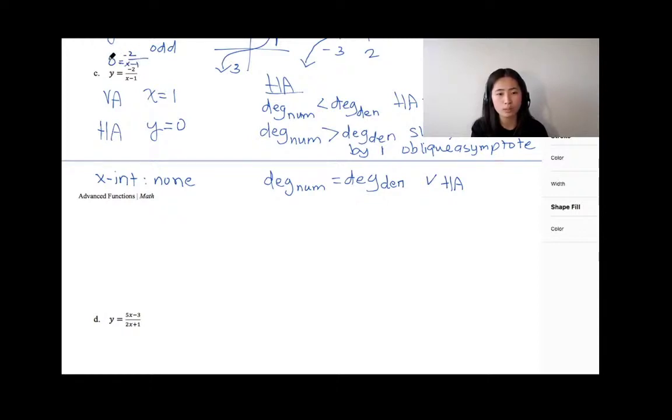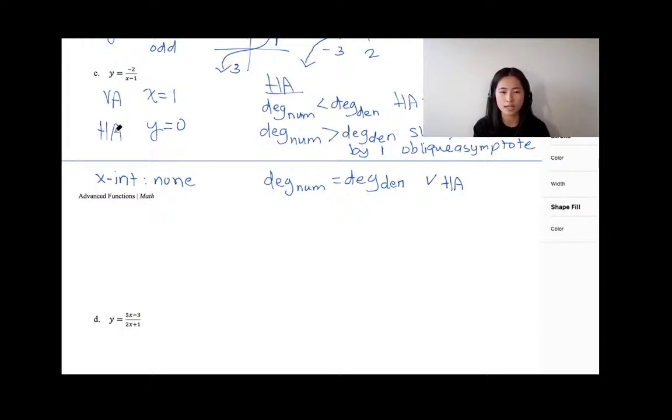When you cross multiply, 0 times x minus 1 gives 0, so 0 is equal to negative 2. Therefore, you don't have any x-intercepts. This is similar to the difference between saying your x-intercept is none versus x-intercept is equal to 0, so you have to be careful with these terminologies.